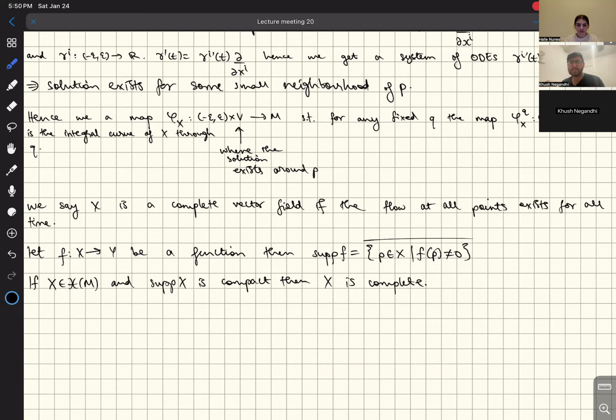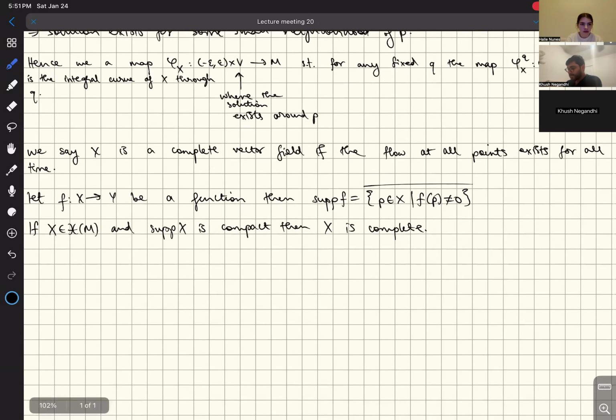Like with a lot of these compactness proofs, it just comes down to the same thing: you take an open cover, you find a finite subcover, which then allows you to simplify whatever it is you're doing. So the main benefit of this theorem is that if we have a compact manifold, every vector field has complete flow.